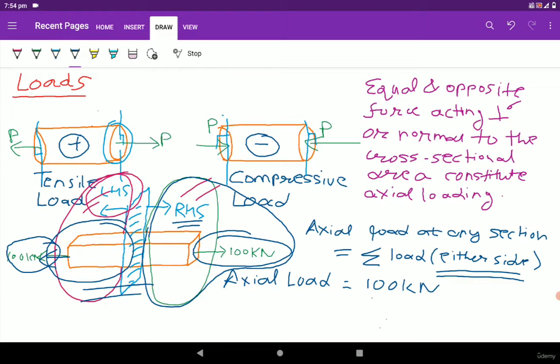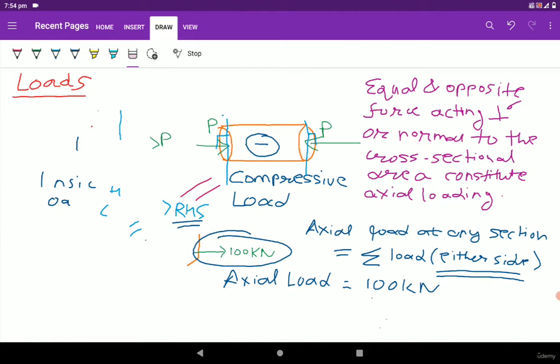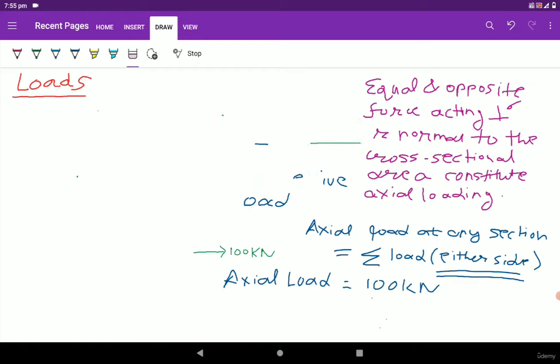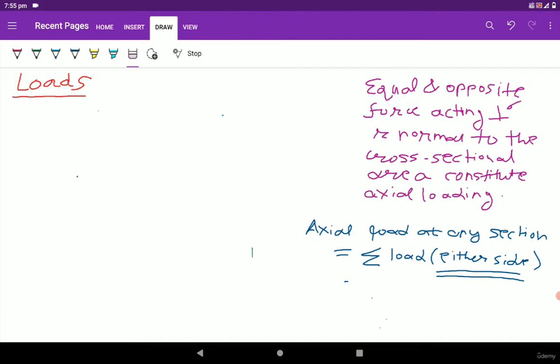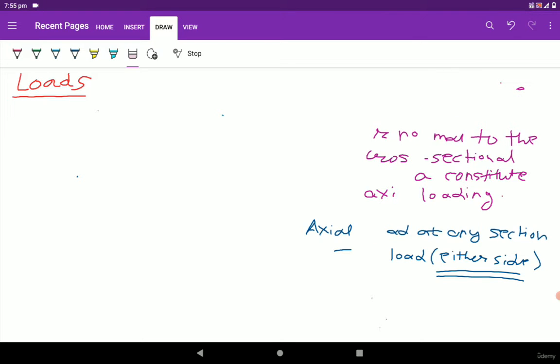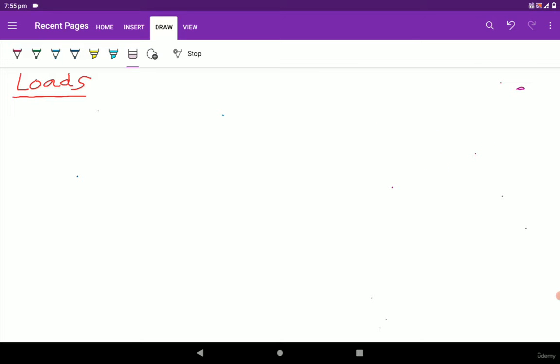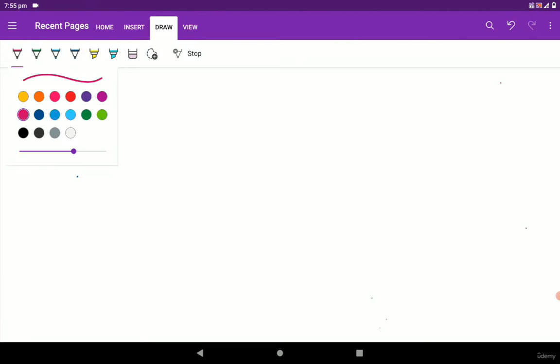Let me first clear this up. Okay, so let's take another specimen. Let me draw it. Okay, cool.